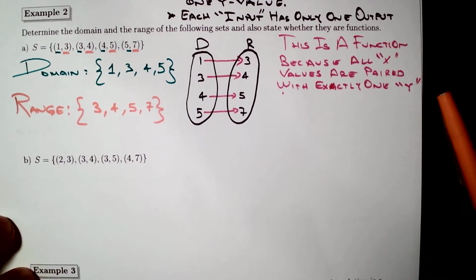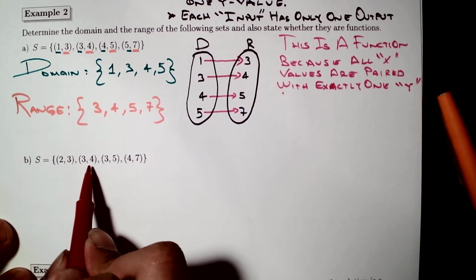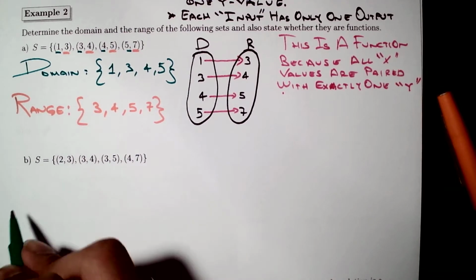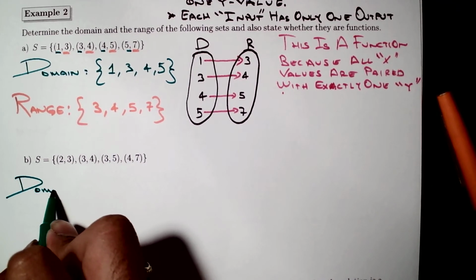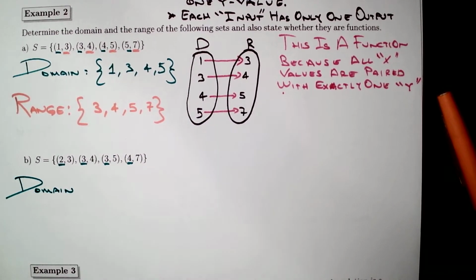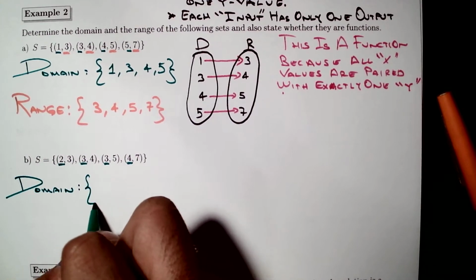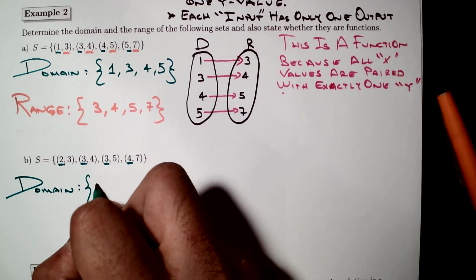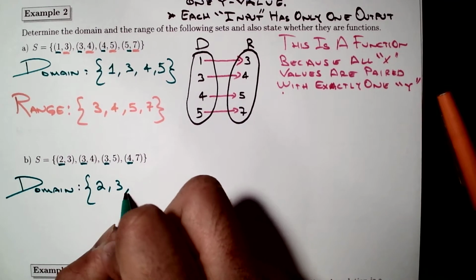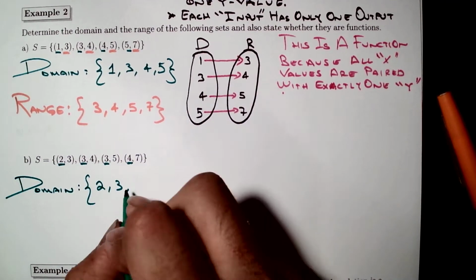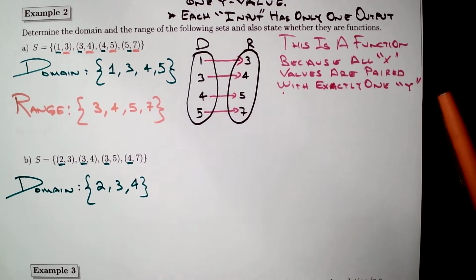So we have the set S, and we have 4 ordered pairs, 4 points. Let's determine whether this describes a function. So domain with green. For the domain, we have to highlight the x's in curly braces, the elements in the domain. So we are going to have the number 2 and then the number 3. And then notice there is another 3, but we do not write repetitions, and we only go with the very last one.